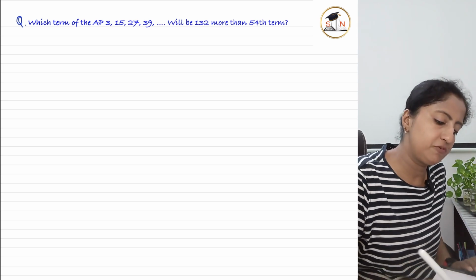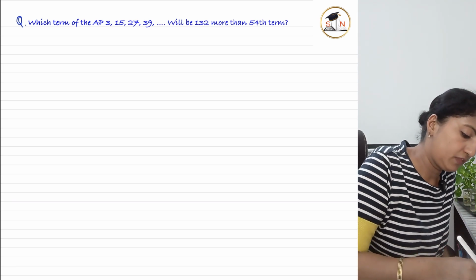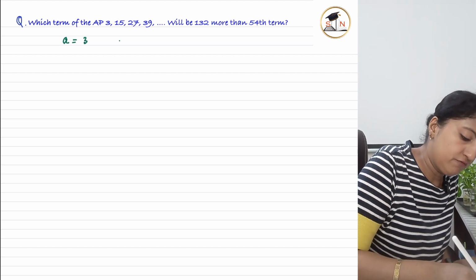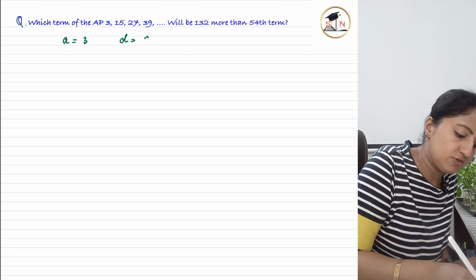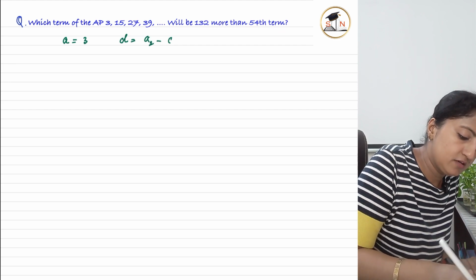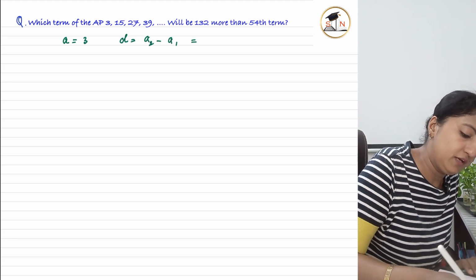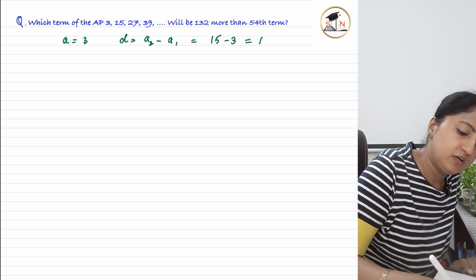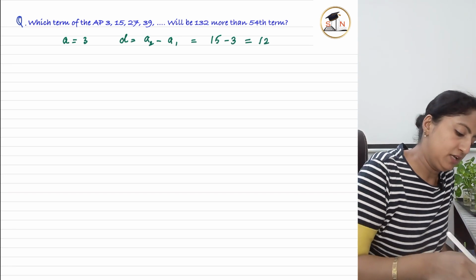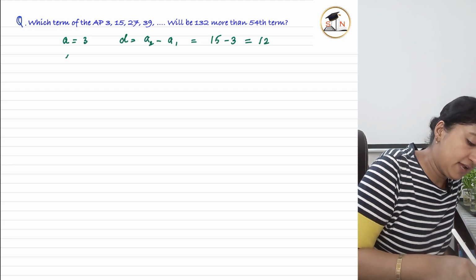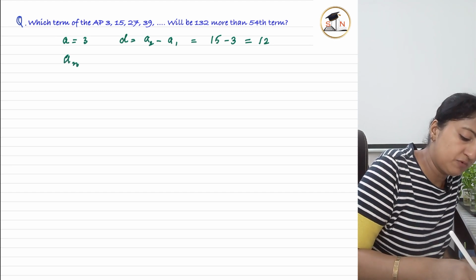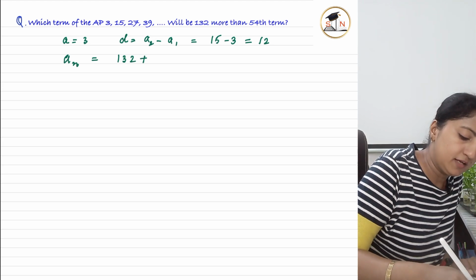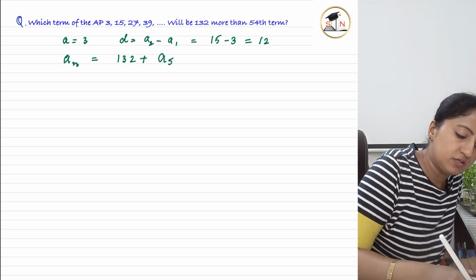So first, let's write down the information that we have. We have a as 3. We will calculate d, which is always a_2 minus a_1, and it comes out to be 15 minus 3, that is 12. Now, the relation they have given us is that the nth term is 132 more than the 54th term.